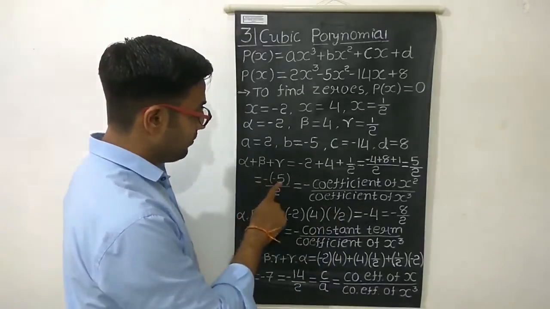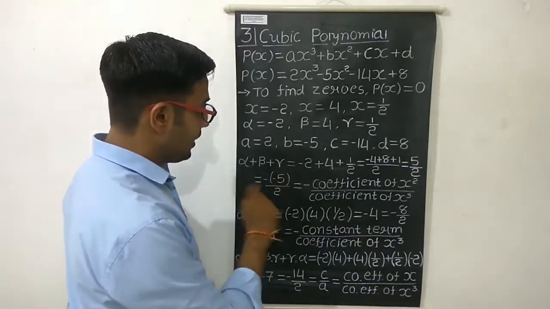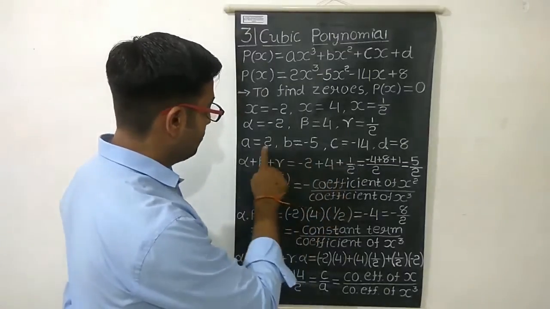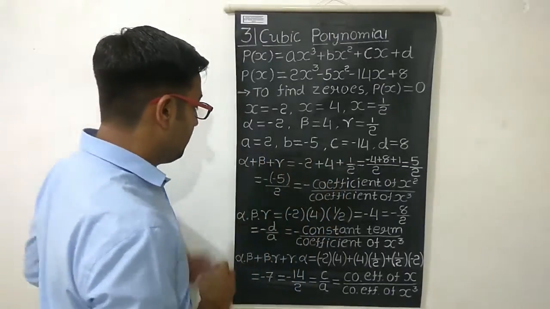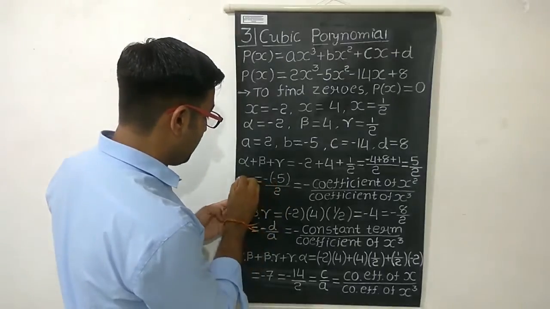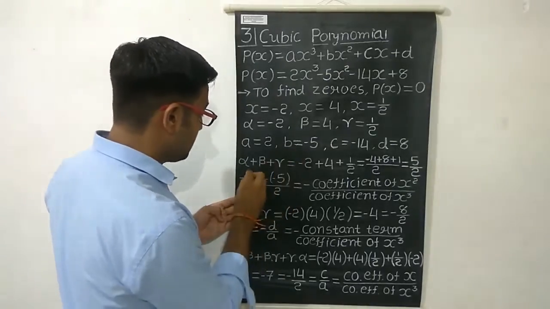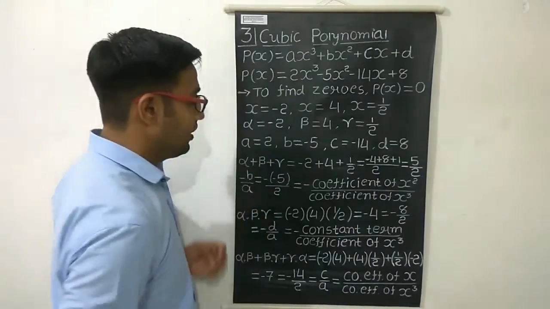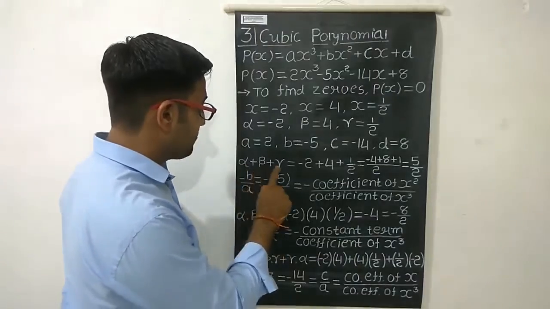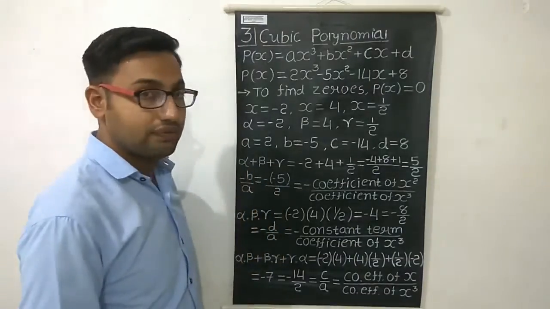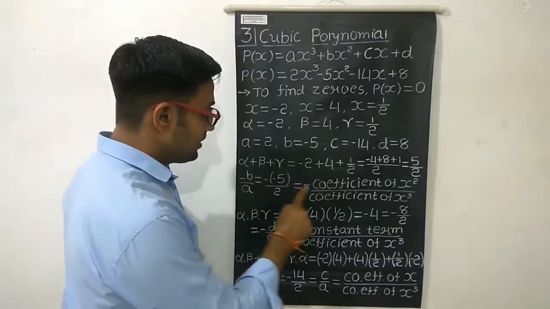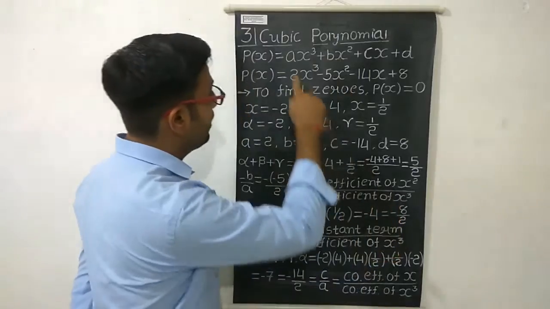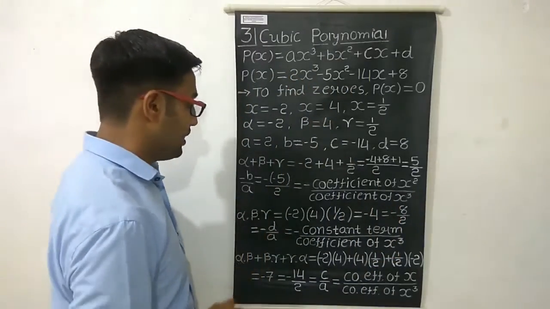Now this minus 5 is B and 2 is A. The minus sign remains as it is. So the relation we get is alpha plus beta plus gamma is equal to minus B upon A. What is B? B is the coefficient of x square, and A is the coefficient of x cube. This is the first relation.